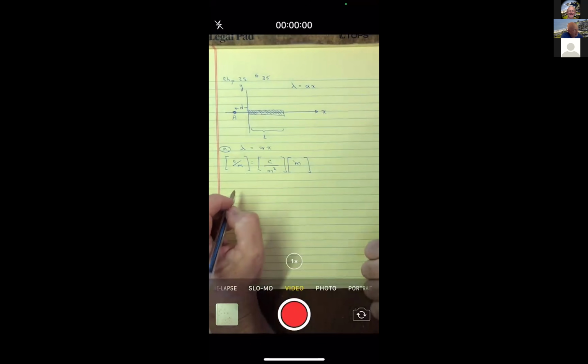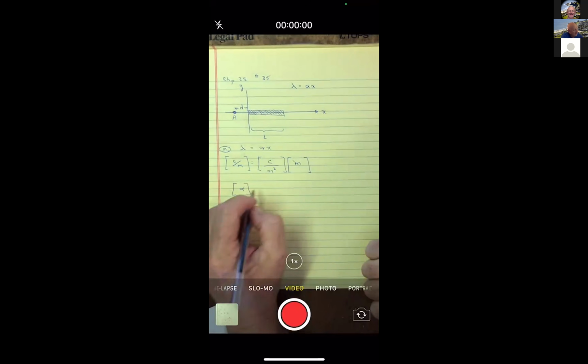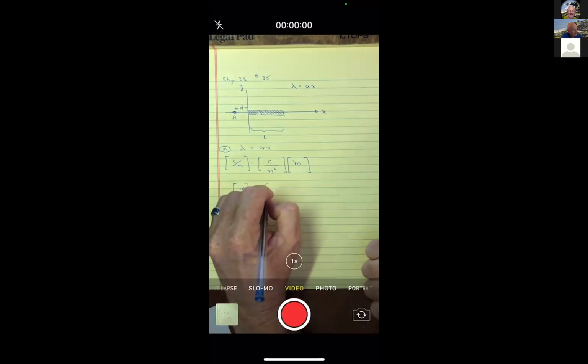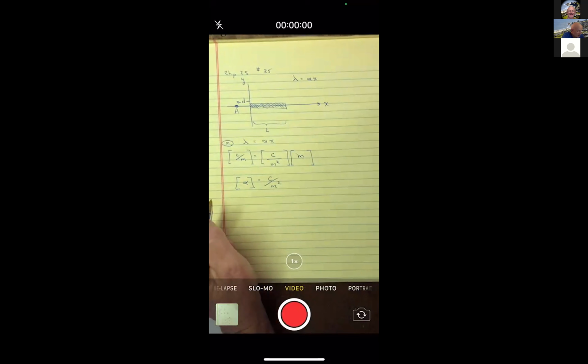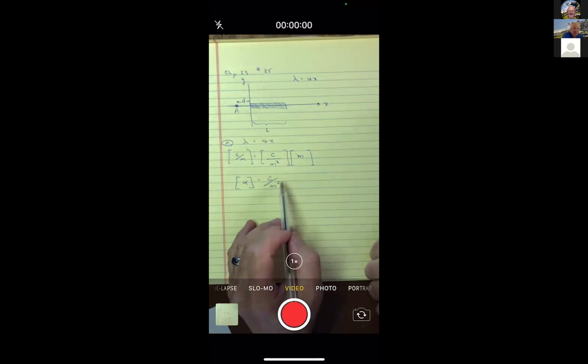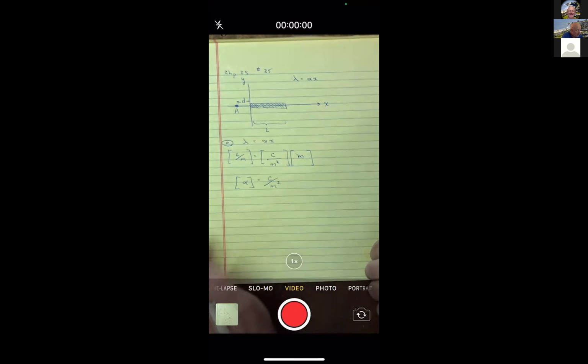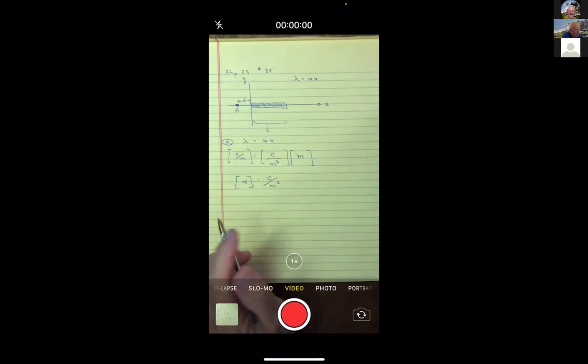I guess we'd write it this way: the units for alpha would be coulombs per square meter. It almost sounds like a charge per surface area, but that's not what it is. That's just the appropriate units.